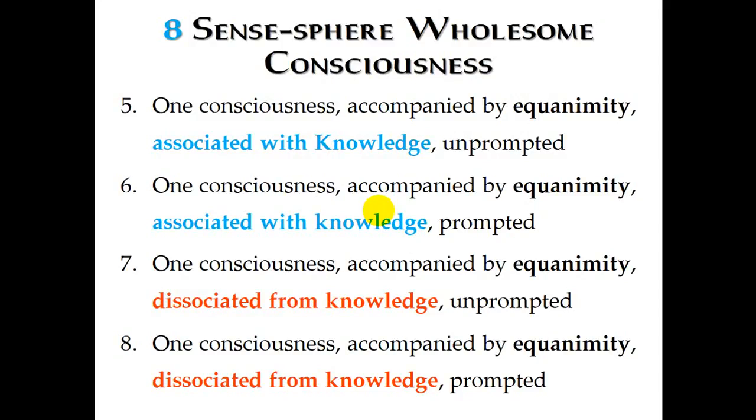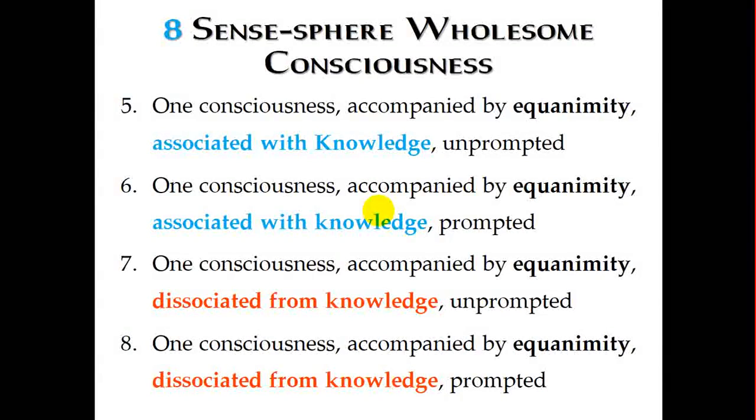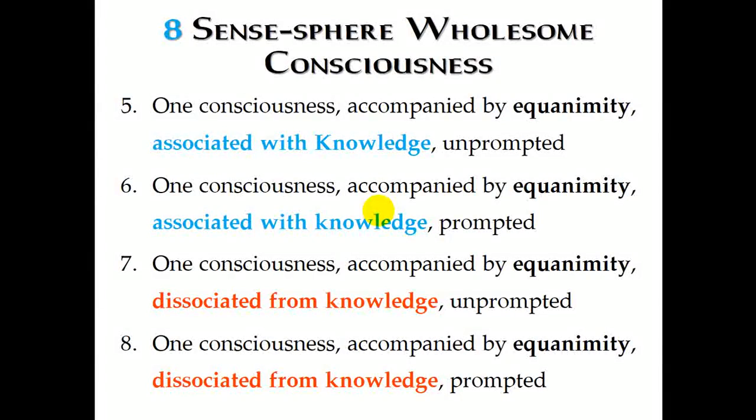And numbers 7 and 8 are called the fourth pair of Mahakusala. It will not associate with knowledge, with wisdom. The reason is, it is dissociated from knowledge.